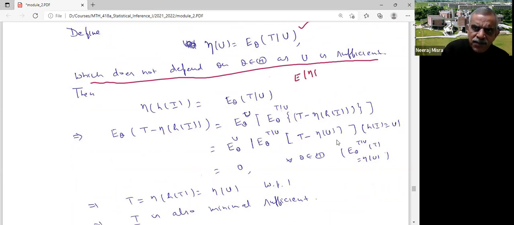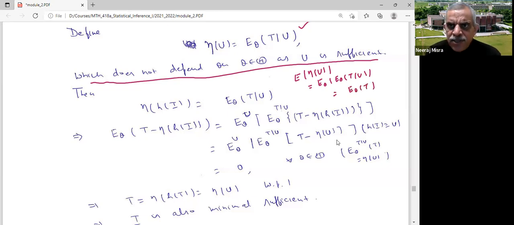What is the expected value of eta of U? Which is the same as the expected value of T given U. But the expectation of a conditional expectation is the same as the expected value of the original one. So the expected value of eta of U is the same as the expected value of T. So what does that mean?